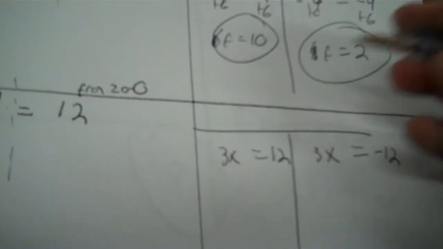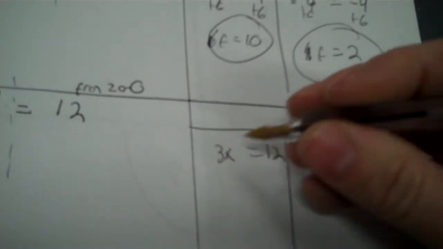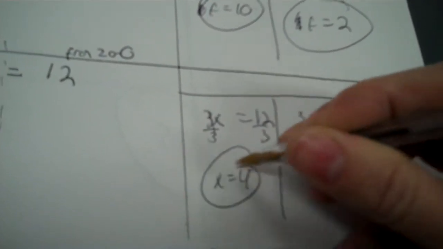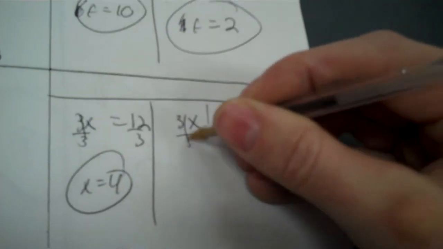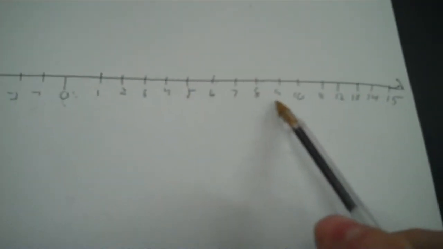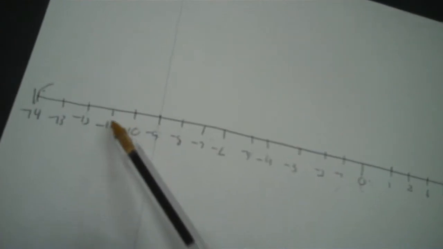So here I'd go straight to division. 3 times x, so divide by 3. x would be 4 here, and x would be -4 here, okay? Because you see 3 times 4 would be 12, and 12 is 12 units from 0. 3 times -4 is -12, which is also 12 units from 0.